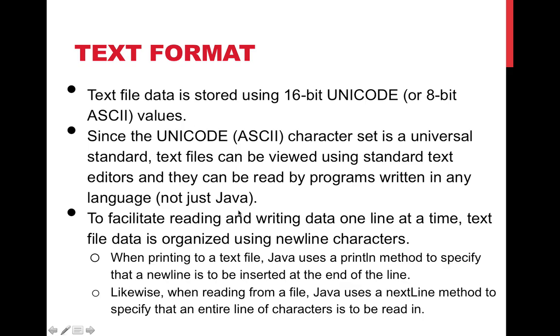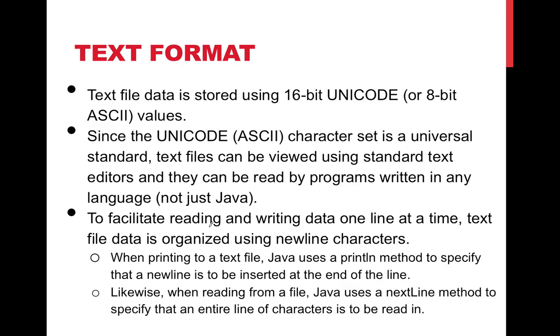In detail, for the text format, text data is stored using Unicode or ASCII code. Traditionally ASCII code, nowadays many programs support Unicode as well, since Unicode is a standard character set universally used. There are many text editors, so you can browse the contents through the editor, which makes it human readable.